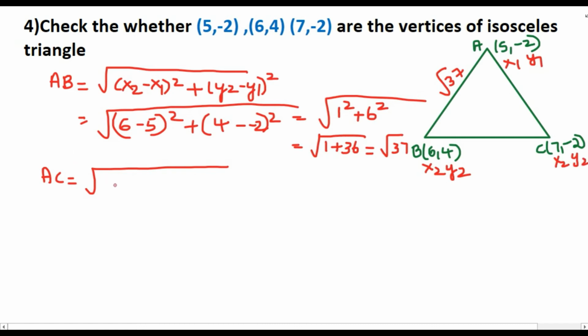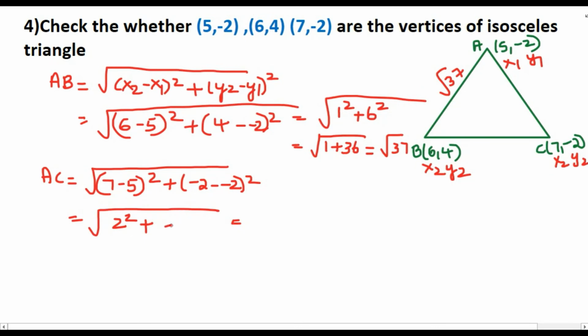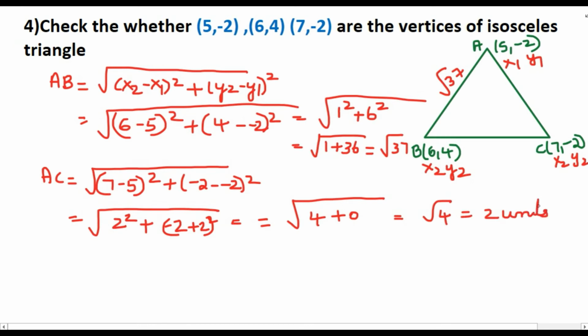So it is 7 minus 5 the whole square plus minus 2 minus 2 the whole square, which is equal to 2 square plus, minus into minus is plus, 2 the whole square, which is equal to root of 4 plus 0, that is square root of 4, which is 2 units. This side is 2 units.